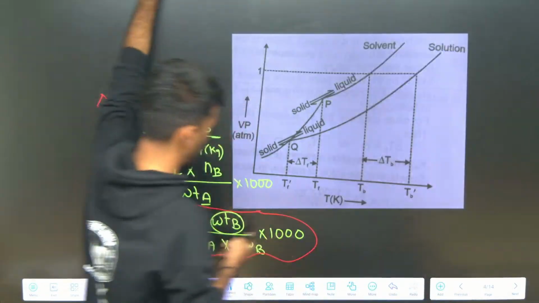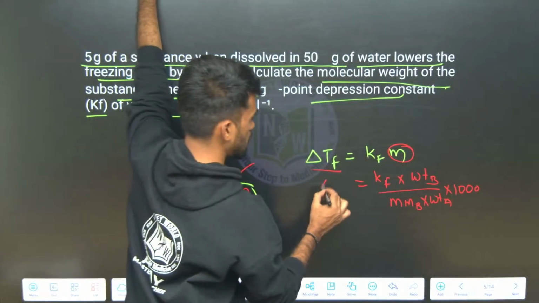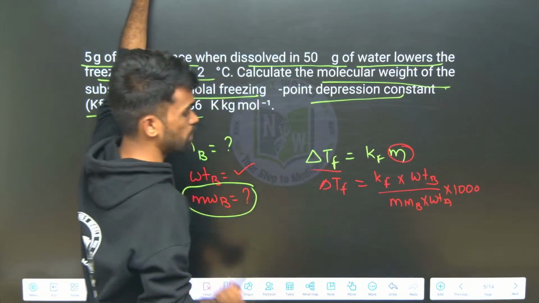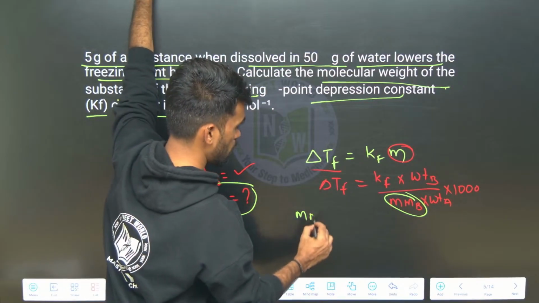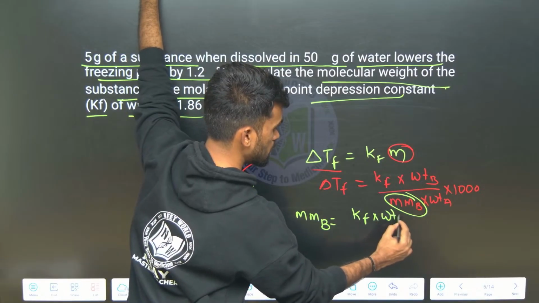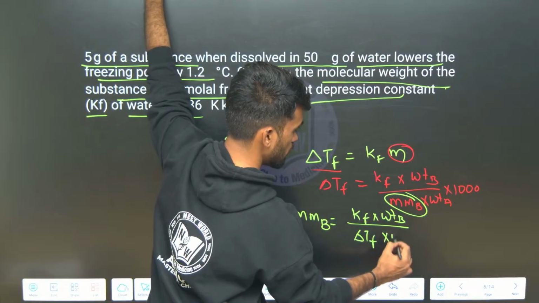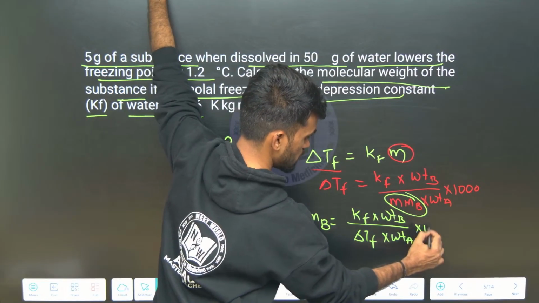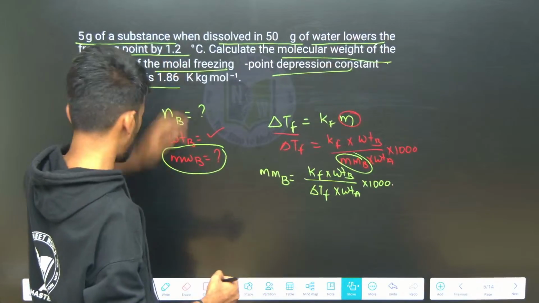This equals delta Tf. Everything is mentioned except the molar mass, which is what we need to find. So the molar mass of solute equals Kf into weight of solute by delta Tf into weight of solvent, into 1000. By substituting the values, you will get the answer.